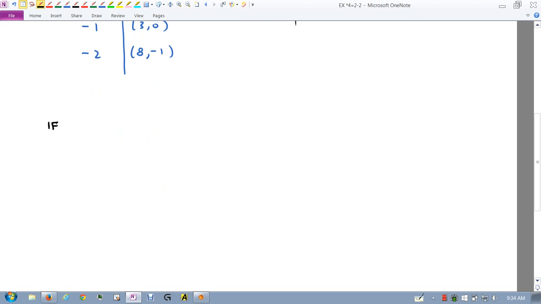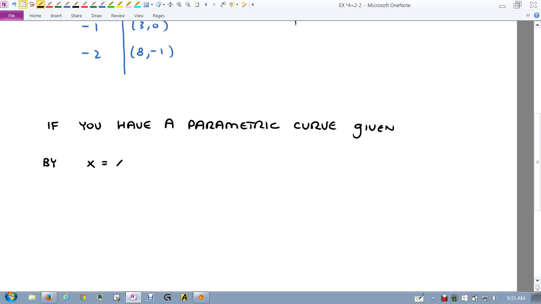So if you have a parametric curve given by x equals some function of t and y equals some function of t on some closed interval, a less than or equal to t less than or equal to b.